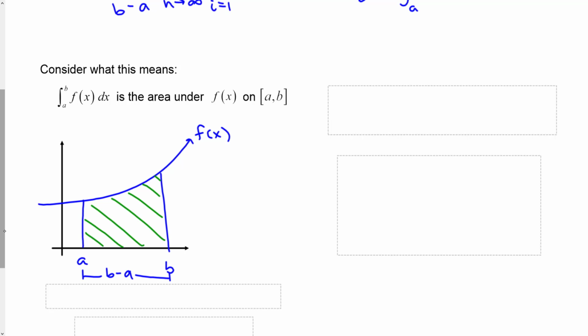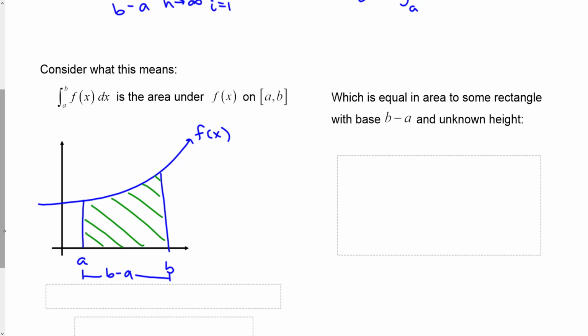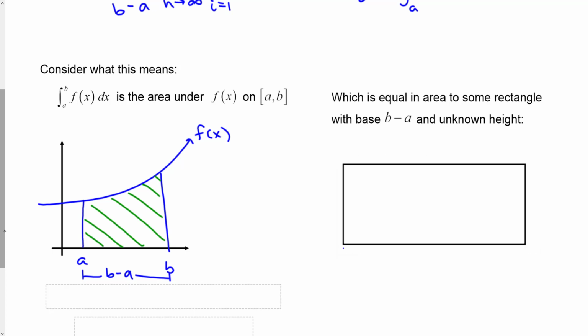Now, here's the thing. We're saying that that area is equal in area to some rectangle which has a base of b minus a, but some unknown height.